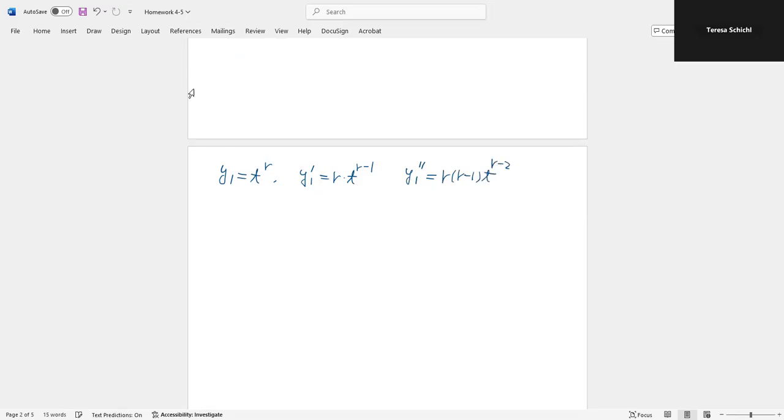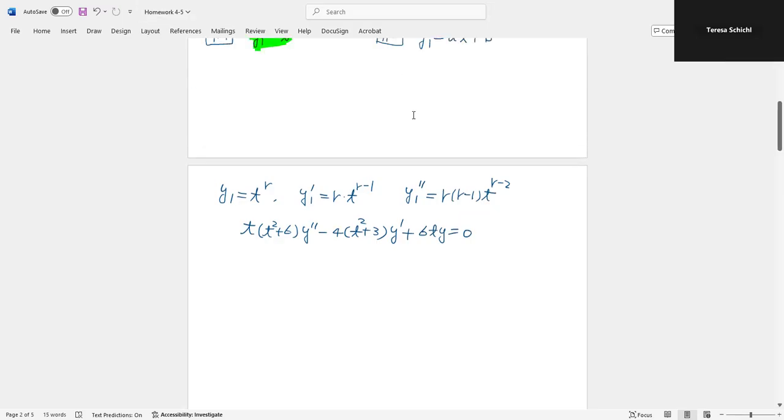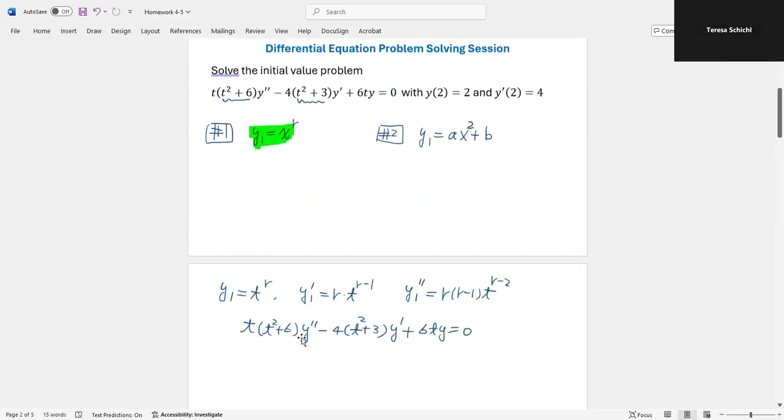Then my differential equation is (t squared + 6) y double prime minus (4t squared + 3) y prime plus 6ty equal to 0. Let me check to see we copied correctly: t squared plus 6, minus 4t squared plus 3. Okay, good.